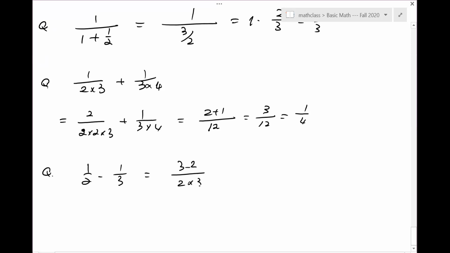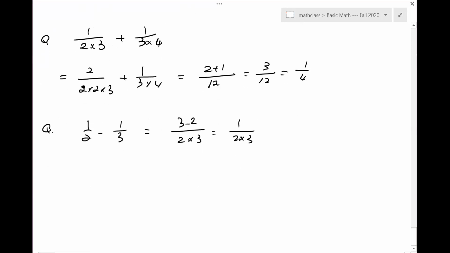Here's 2 times 3, which is going to be 1 over 2 times 3. So it's simply just the product of the 2 denominators. How about this? It's the same. It's going to be 4 minus 3 over 3 times 4, which is 1 over 3 times 4.